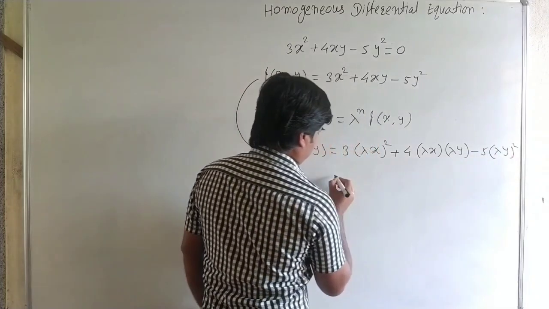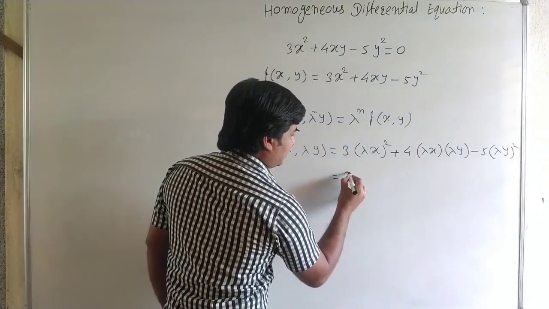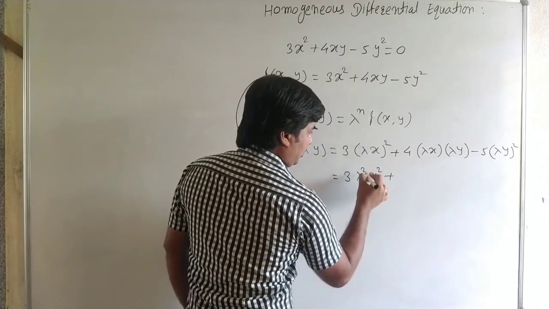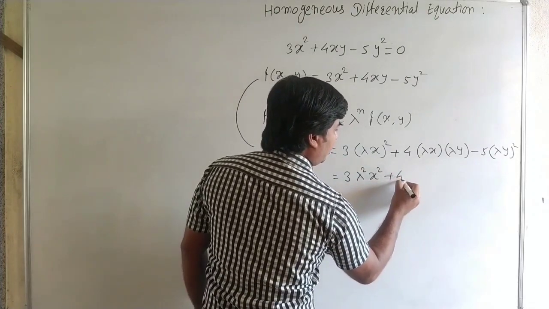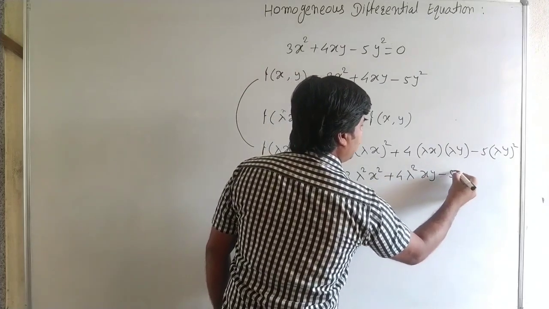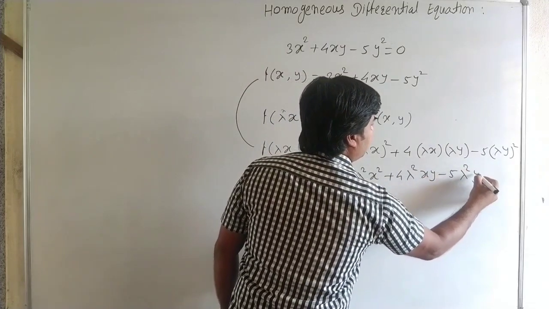See carefully: this is 3 lambda square x square plus 4 lambda square xy minus 5 lambda square y square.